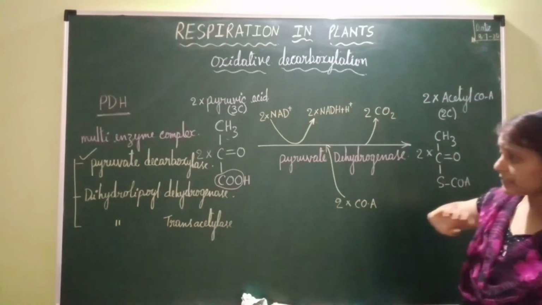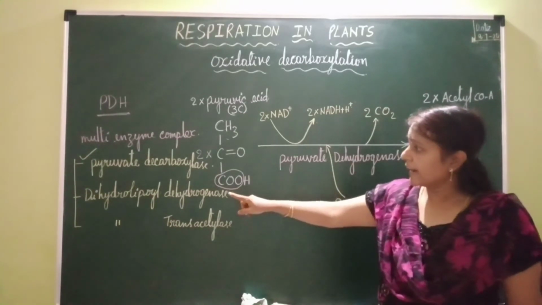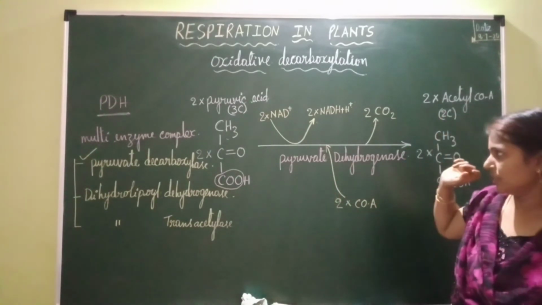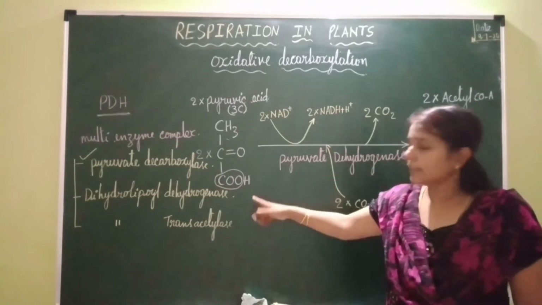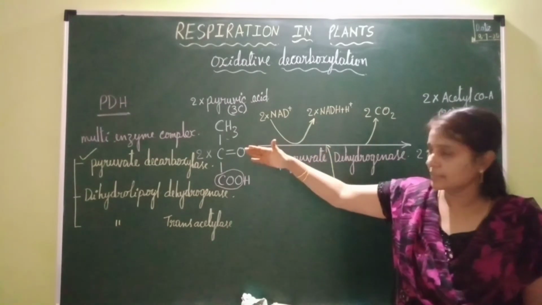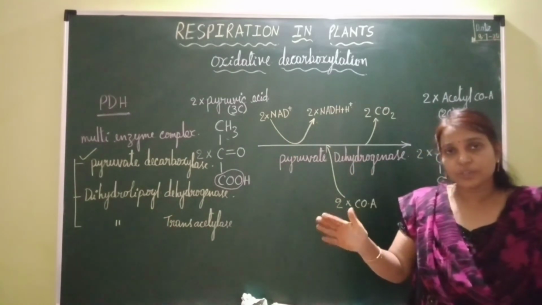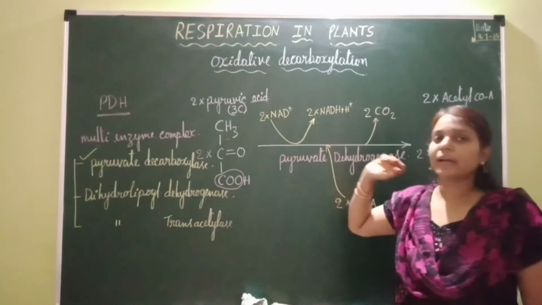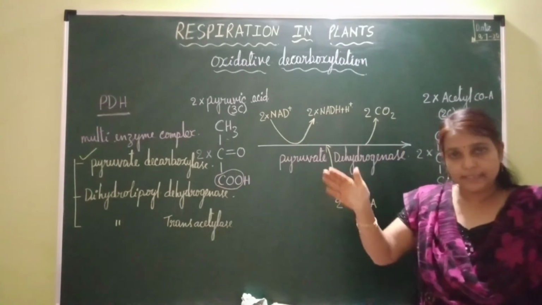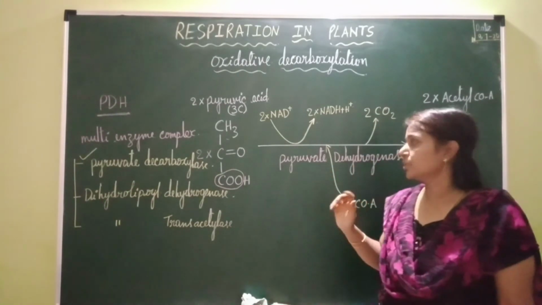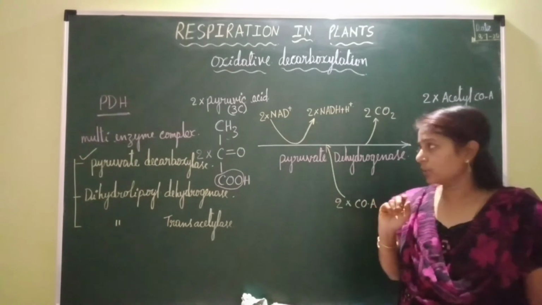Now, the second enzyme, dihydrolipoyl dehydrogenase, present in the multi-enzyme complex, is involved in oxidation or dehydrogenation of pyruvic acid. When pyruvic acid undergoes oxidation, two protons and electrons are released.